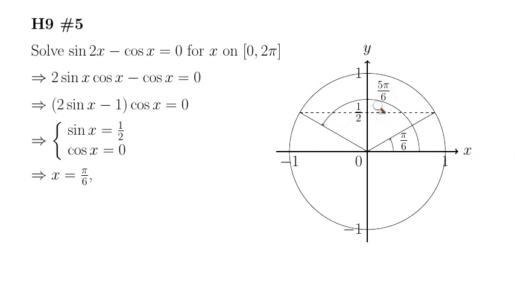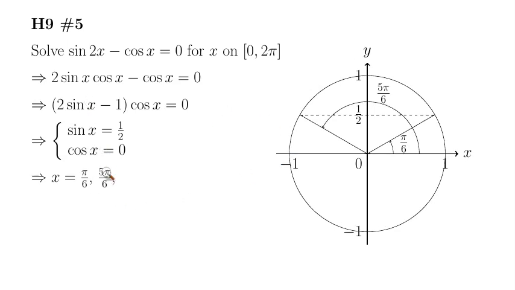So I'm going to write down 5 pi over 6 as another x value. So those are the two solutions from sine of x equals 1/2.